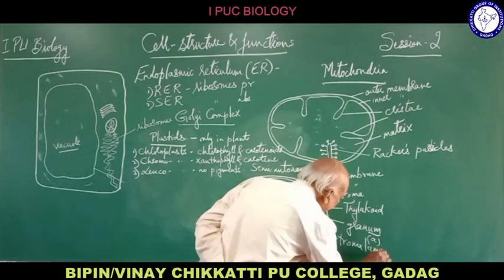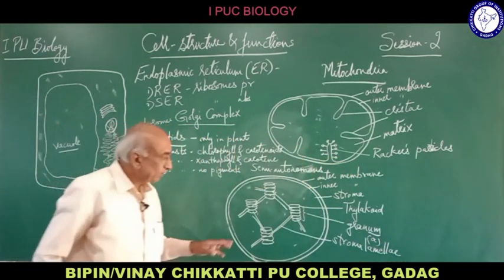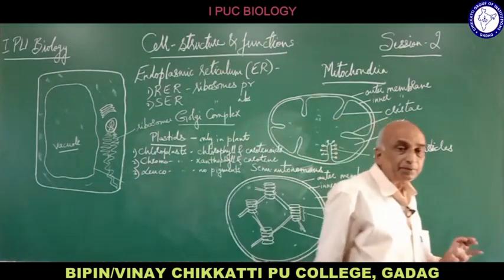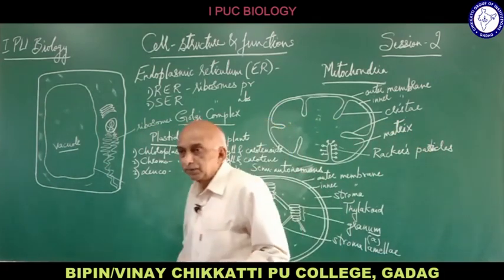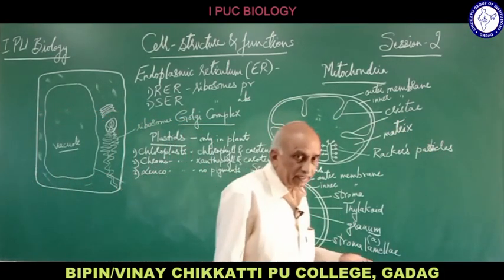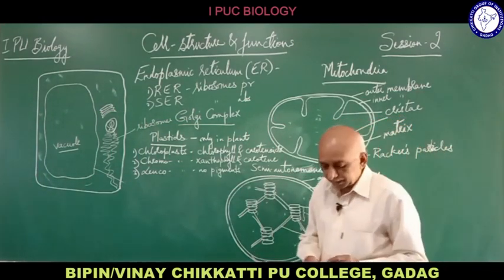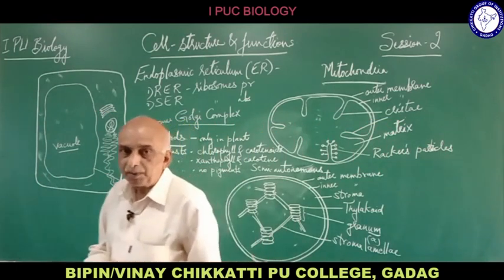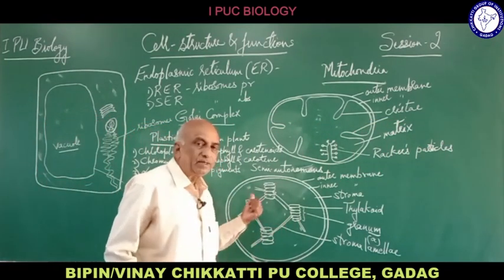These membranous tubular connections connect the thylakoids of different grana. So the thylakoid of one granum and the thylakoid of another granum are connected by tubular membranous structures called stroma lamellae.